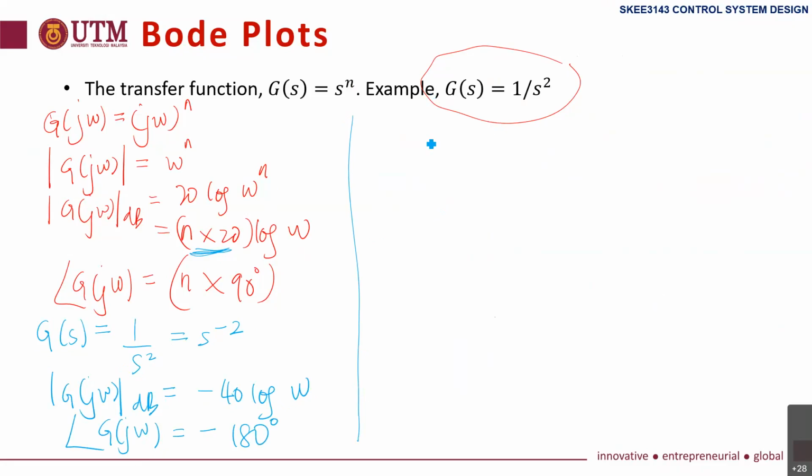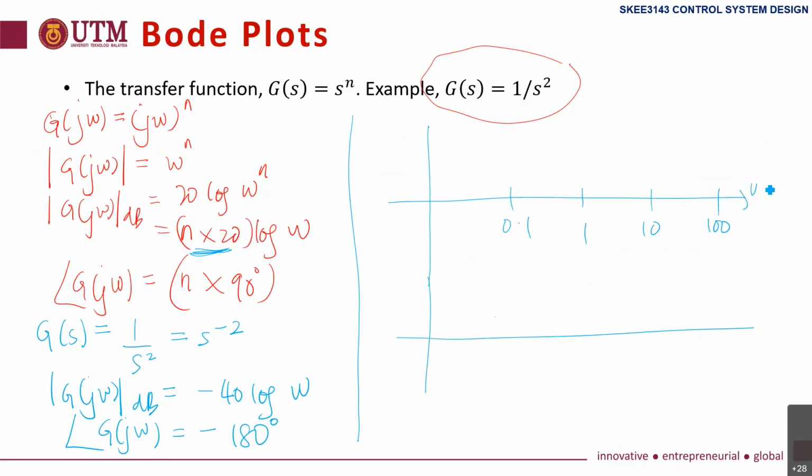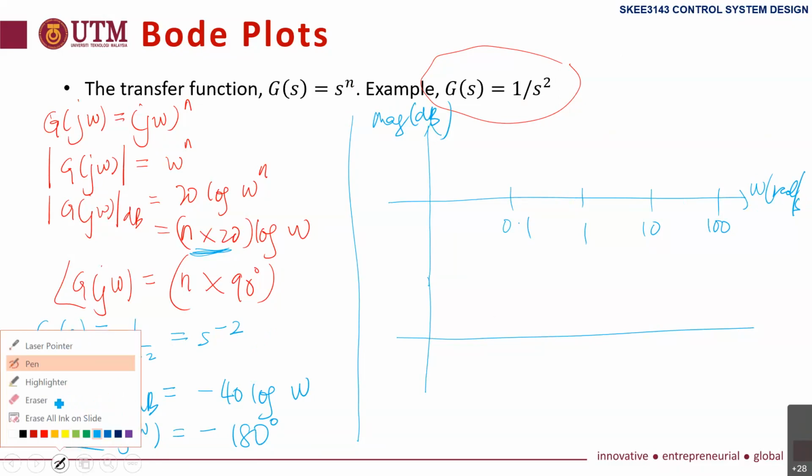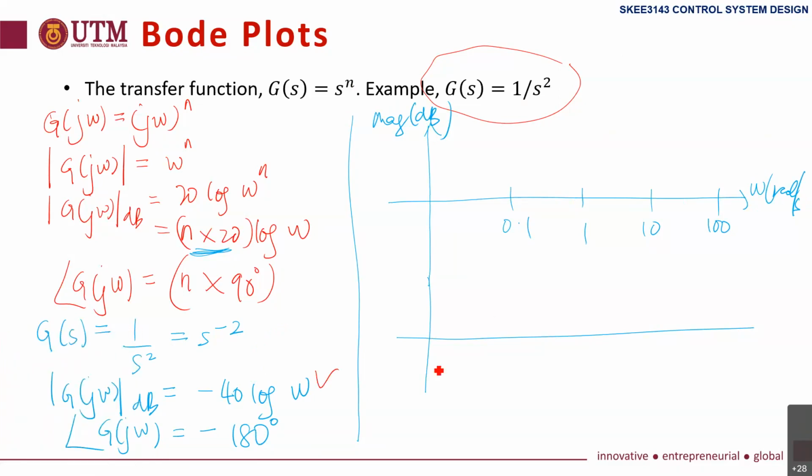We can plot for this. Still, our interest is 1, 10, 100 omega in radian per second. This is magnitude in dB, 40 log omega. Still, when omega equals 1, we get 0 dB here.